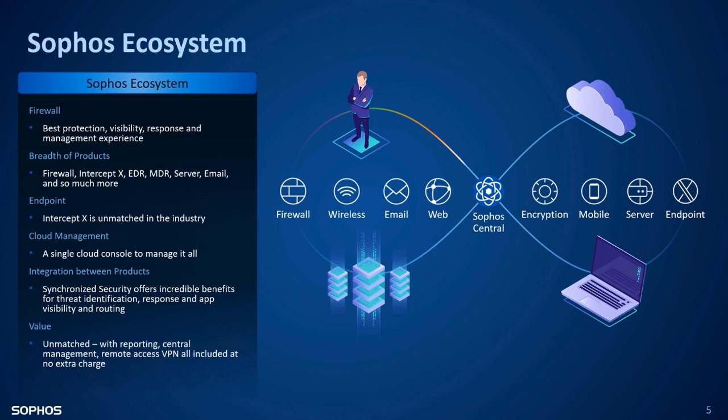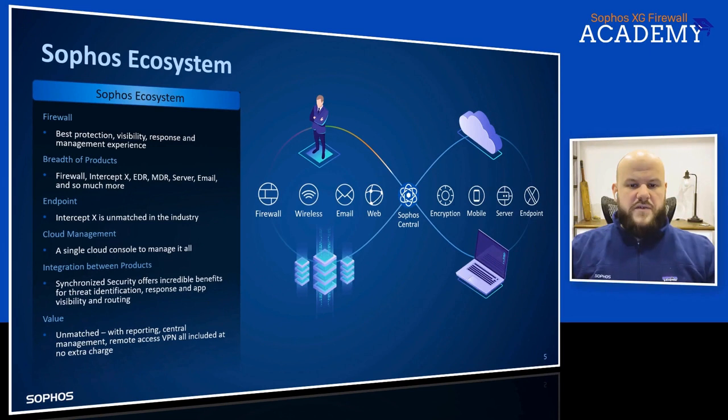Then it's also important when someone's looking at a vendor solution, what breadth of products do they offer in addition to a firewall? What endpoint product do they have? Does it have EDR or MTR? Does it cover servers, mobile devices? And what about other products does it include? Obviously, we have a great portfolio for companies of all sizes.